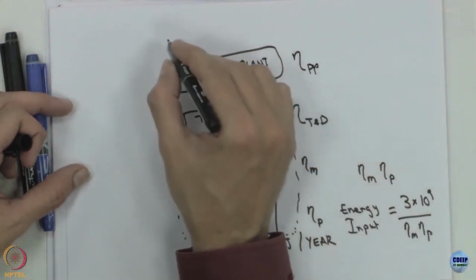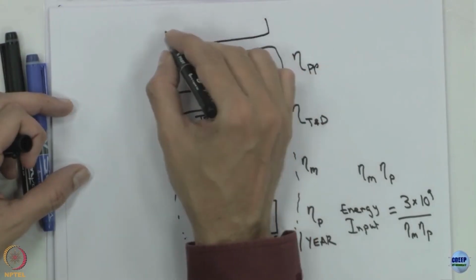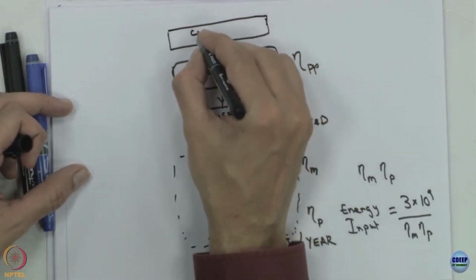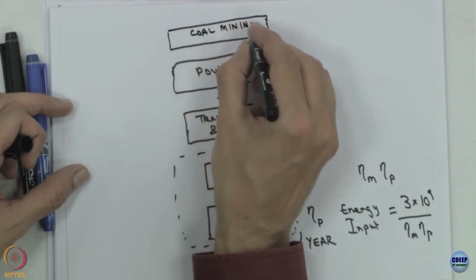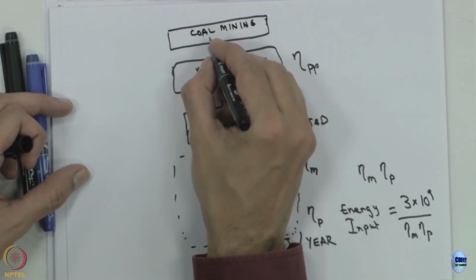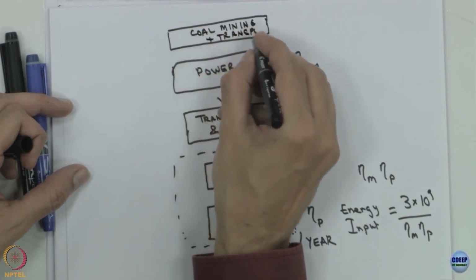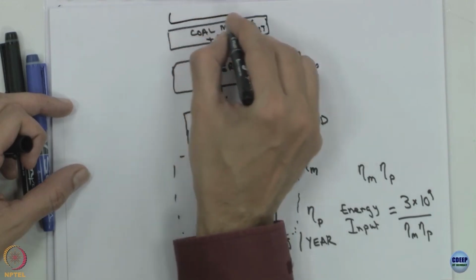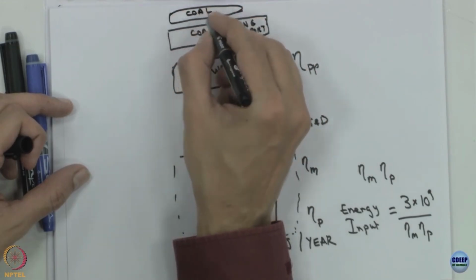Before the power plant, if we think in terms of coal, you would have the coal mining and transport, and then this is your primary energy source, which is coal.